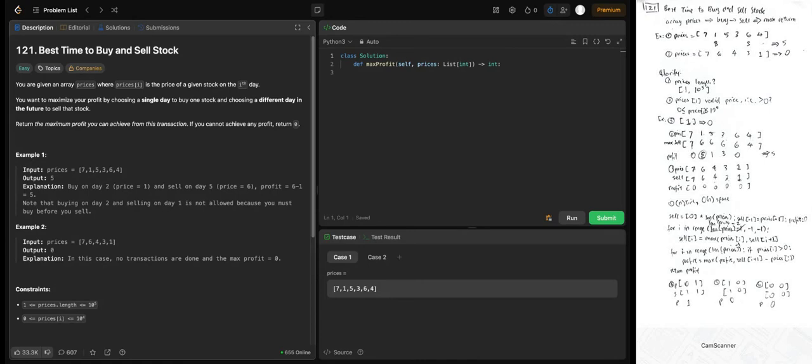Then I'm gonna say today's profit, I just directly pass into the max function. So profit equals max of profit and sell[i+1] minus prices[i], right? Then at the end, I'm gonna return the profit.